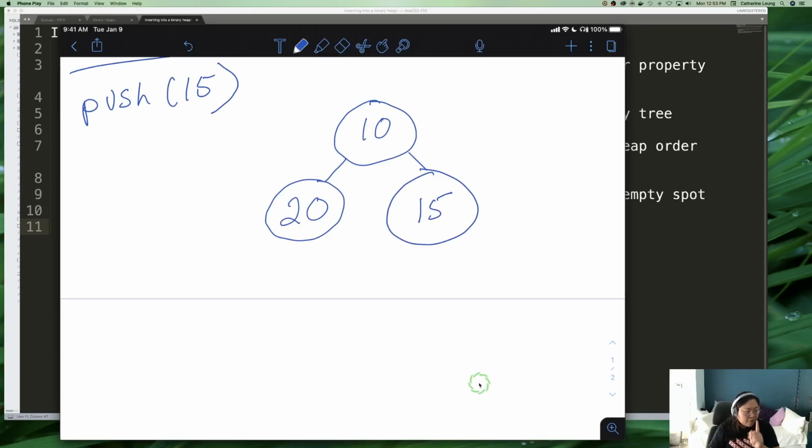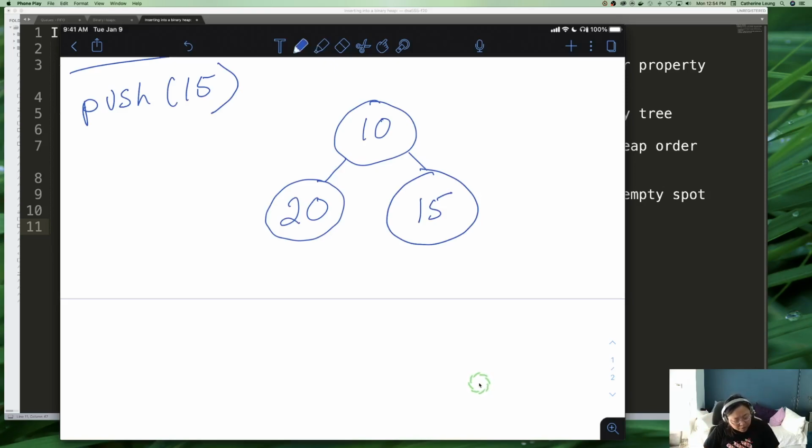Notice I never looked at 20. Okay, this is really important. I didn't have to look at its sibling. I don't have to look at this guy because it's not important. 20 is not part of the question. The question does not say, is the other node that is at the same level higher priority?